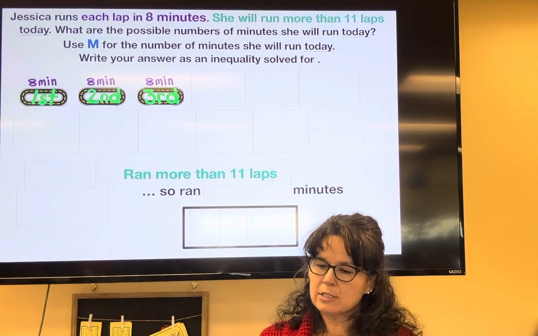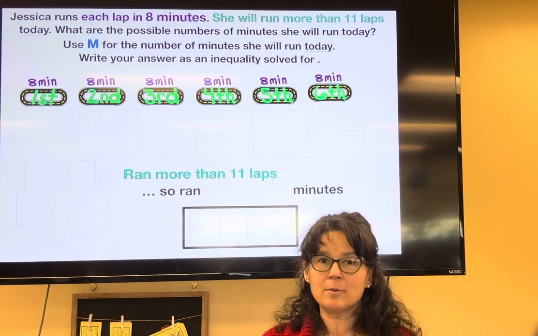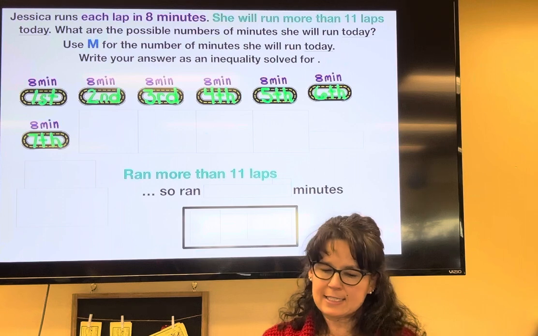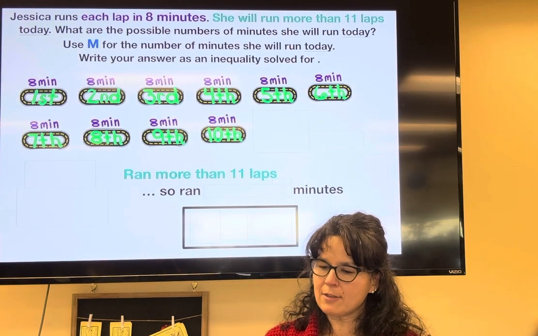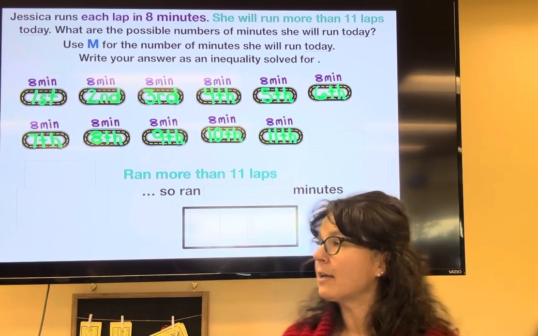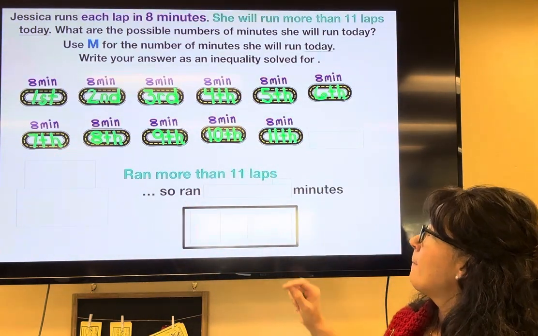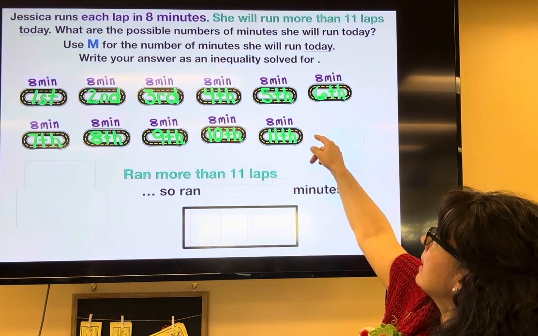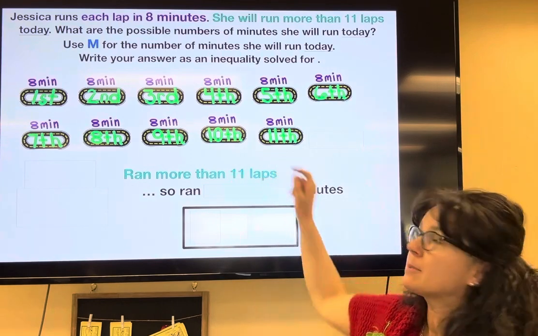So she runs a 4th lap, a 5th lap, a 6th lap, each one of them taking 8 minutes, a 7th lap, an 8th, a 9th, a 10th, and an 11th lap. Every single lap up here took 8 minutes, and she is running more than 11 laps.